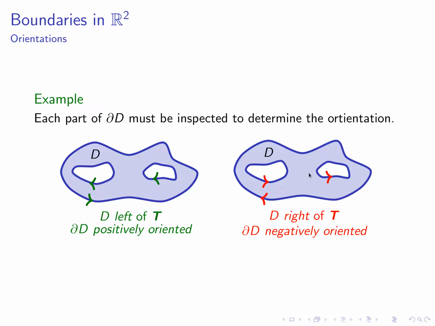And if we look at either part of the inner boundary curves and focus on a point, we would find that the domain is to the right of the unit tangent vector, not to the left. This indicates that our orientation on the right is the negative orientation, whereas on the left, our orientation was the positive orientation, because the domain is always to the left of the unit tangent vector.